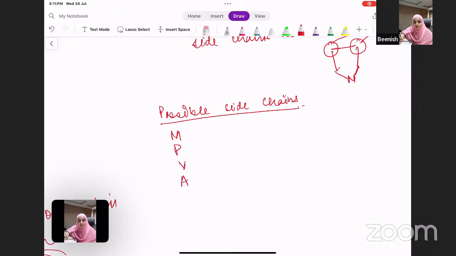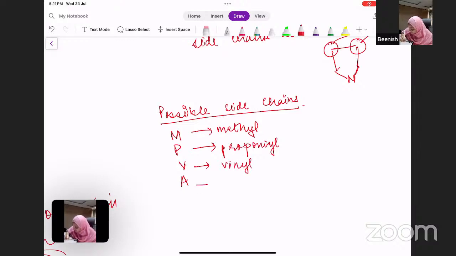Now, what is MPVA? This is a mnemonic you can remember. M for methyl. So you can have a methyl side chain. P for propionyl. You can have a propionyl side chain. V for vinyl. And A for acetyl. So you can have these 4 possible side chains.